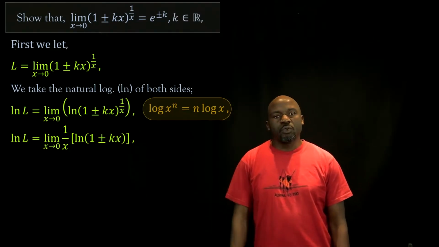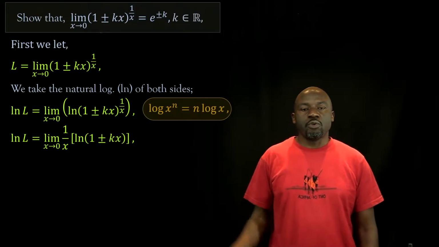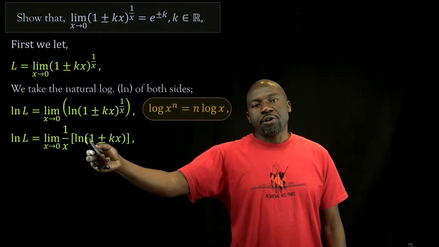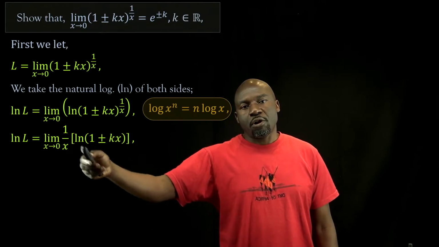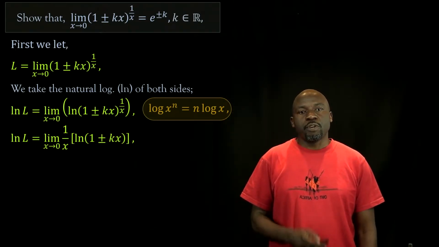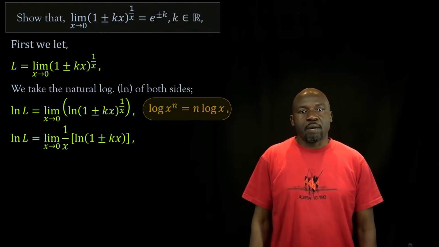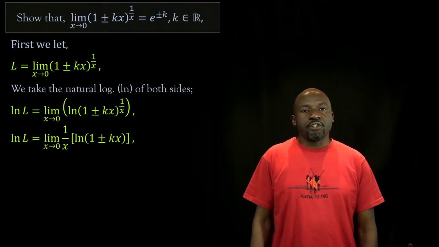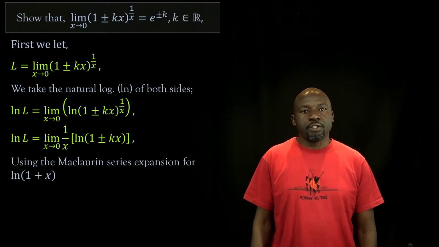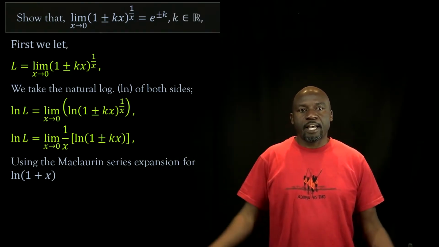Okay, and now what we do, your HL students, the next thing we do is we need to find the polynomial approximation of ln of 1 plus kx. The polynomial approximation is determined using what we call Maclaurin series approximation. So we can generate the series approximation for the log to base e of 1 plus x, for example.